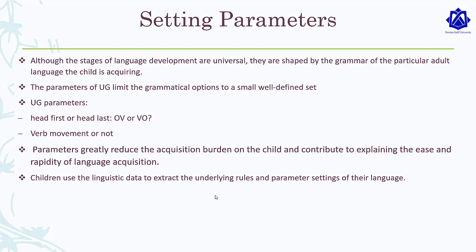There are differences between languages. For example, there are differences between Persian and English in the order of adjective and noun, or in the order of verb and object. In English, a verb comes first and then comes the object. In Persian, the object comes first and then the verb comes.